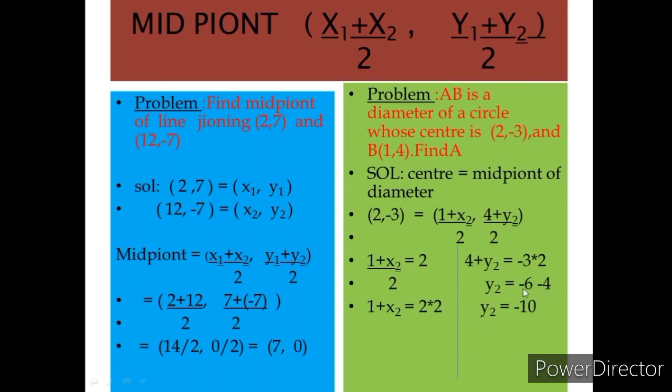Here y2 is equal to minus 6 minus 4, that is minus 10. Come to here, 1 plus x2 is equal to 4. Here you have to recapitulate. You can think A is equal to x2 y2, isn't it? Therefore A is equal to 3 comma minus 10. Okay, isn't it?